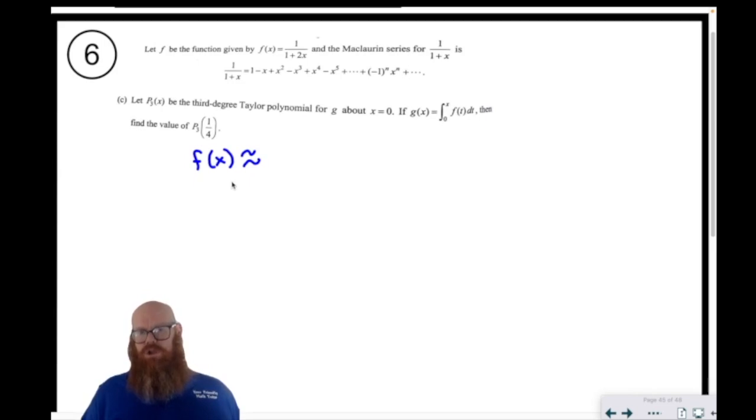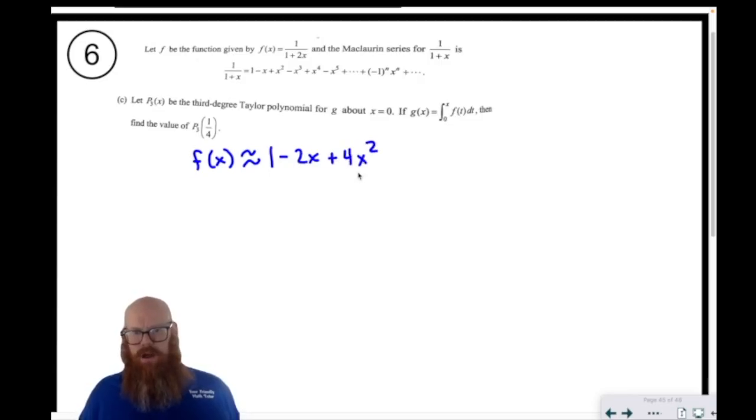Let me think about this. Yeah, I only want the third degree, so I only need to go to the second degree. So what we found in an earlier problem was 1 minus 2x plus 4x squared. That's all I need, because I only want to go up to the third degree.